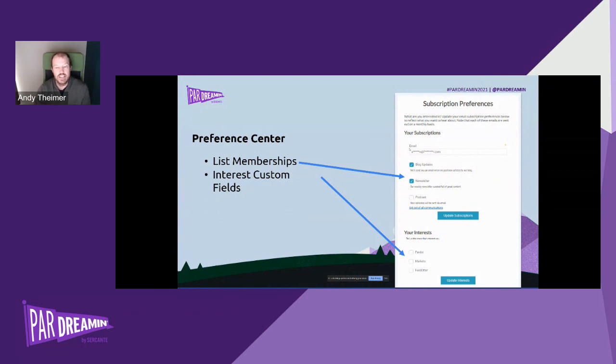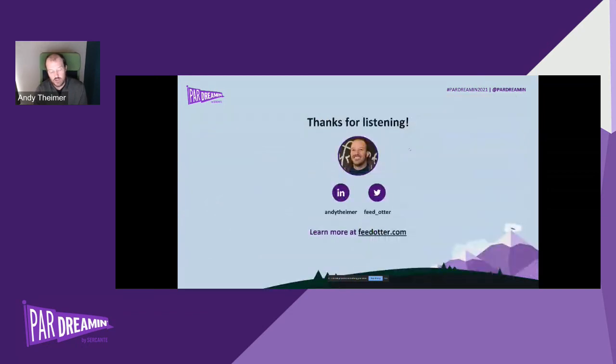On the bottom, I can capture their interests, and those are mapping directly to custom fields. So you can then use the intersection of those lists and custom fields in your personalization efforts as well. So that's an interesting trick that we were able to pull off recently for a customer.